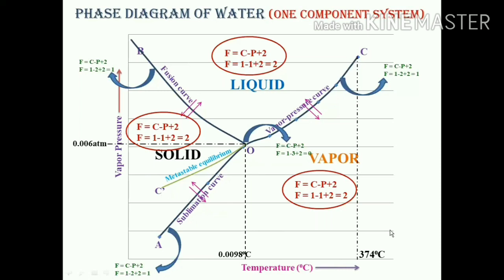We just discussed that it is the point wherein the curves and the phases meet with each other. Solid, liquid and vapor phases of water coexist. And what are that temperature and pressure? The temperature of 0.0098 degrees centigrade and 0.006 atmospheric pressure. At these particular values, we will have a system wherein the solid, liquid and vapor phases coexist. All the curves and the phases meet with each other.